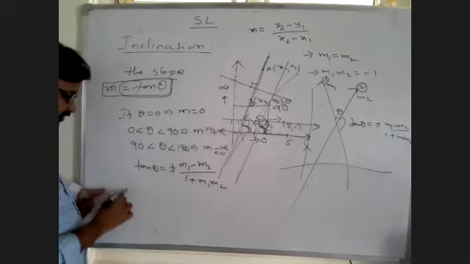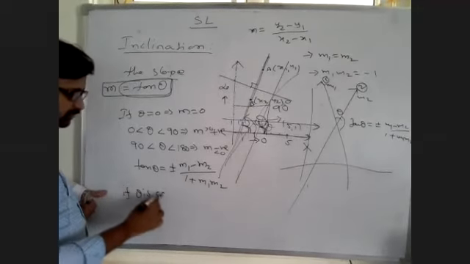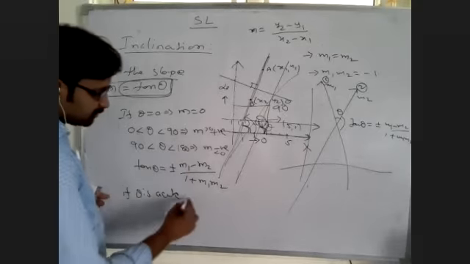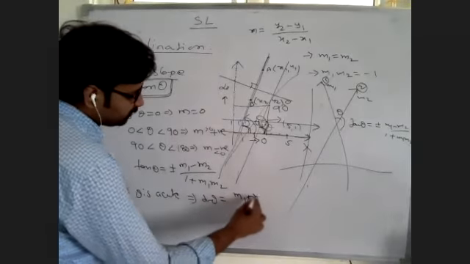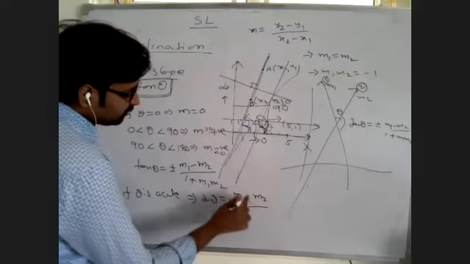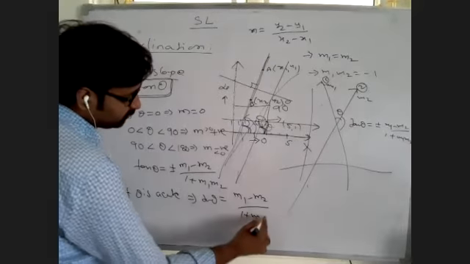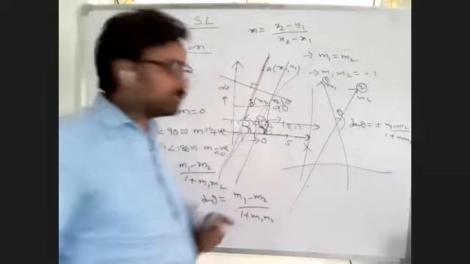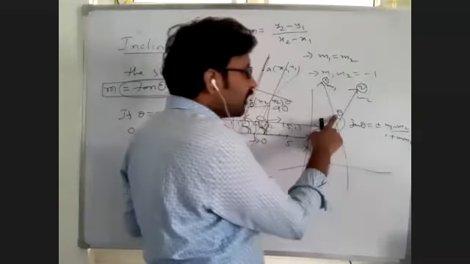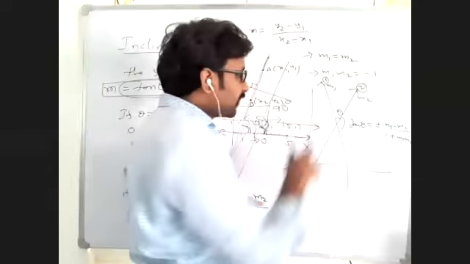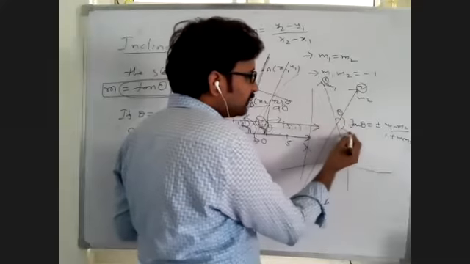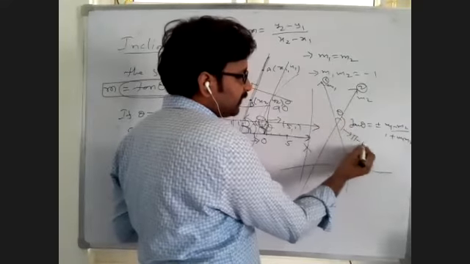If theta is an acute angle, then we should take tan theta equal to mod of (m1 minus m2) by (1 plus m1 m2). And here this is theta. You will get two angles. One angle is theta, then the other angle is clearly 180 minus theta. Why?